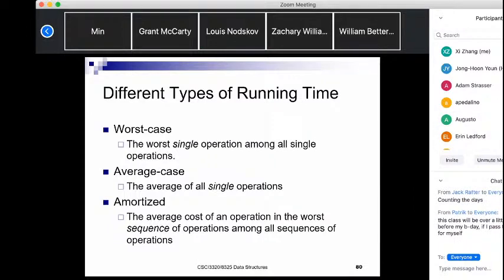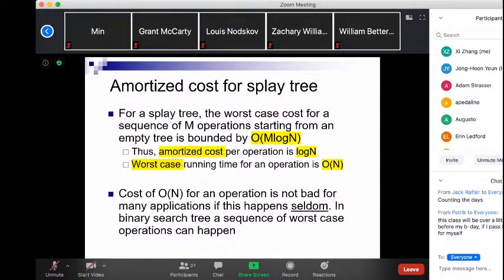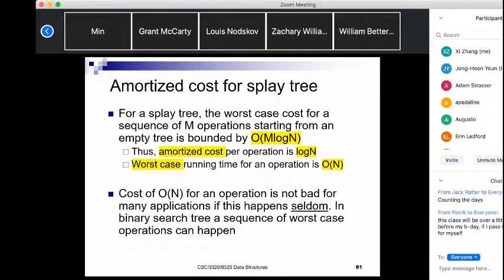That's amortized complexity. I will not go through the proof of amortized complexity of splay tree. If you want to see that, in chapter 11, I guess, there is a proof for the amortized complexity for splay tree. So I will just start with the conclusion.